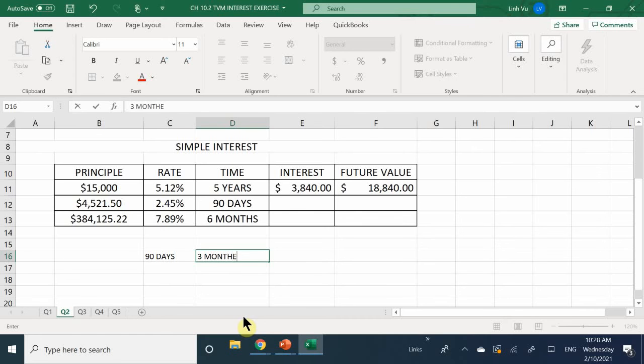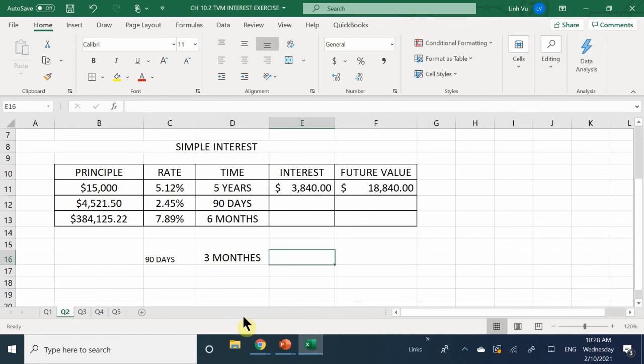Now, in terms of years, how much is 3 months? 1/4. 3 months is 3 out of 12, which is essentially a quarter, you're right. So 3 divided by 12, which is a quarter of the year.